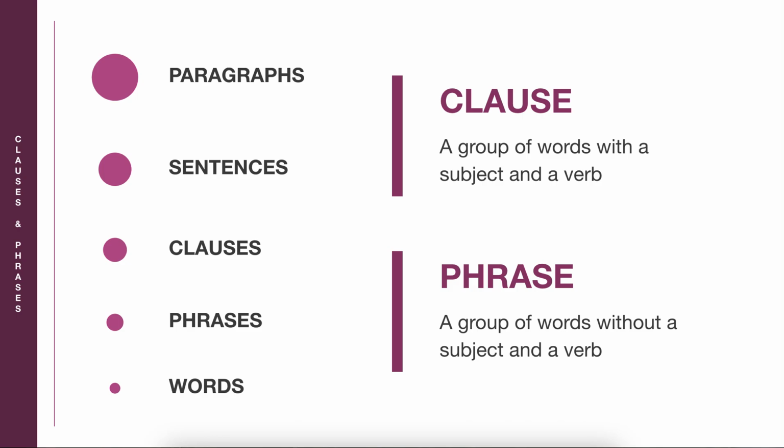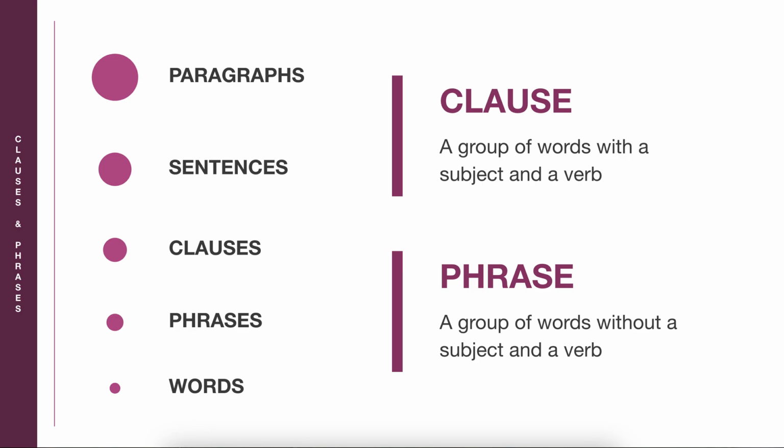First off, you need to know that a clause is a group of words with a subject and verb, and a phrase is just a group of words without a subject and a verb. So on the left-hand side of this slide, you can see kind of a ranking order of how we put words together in English. At the very basic level, we have words, so each individual word. But then when we start grouping words together, we get phrases.